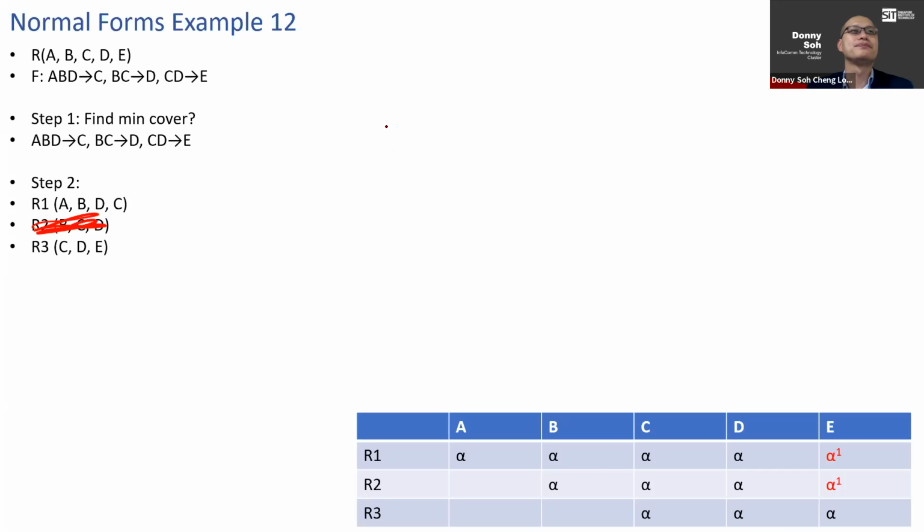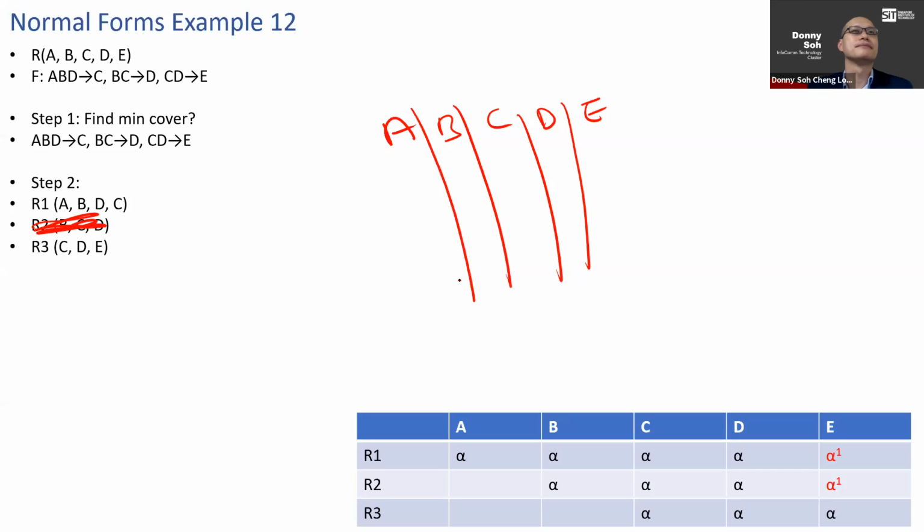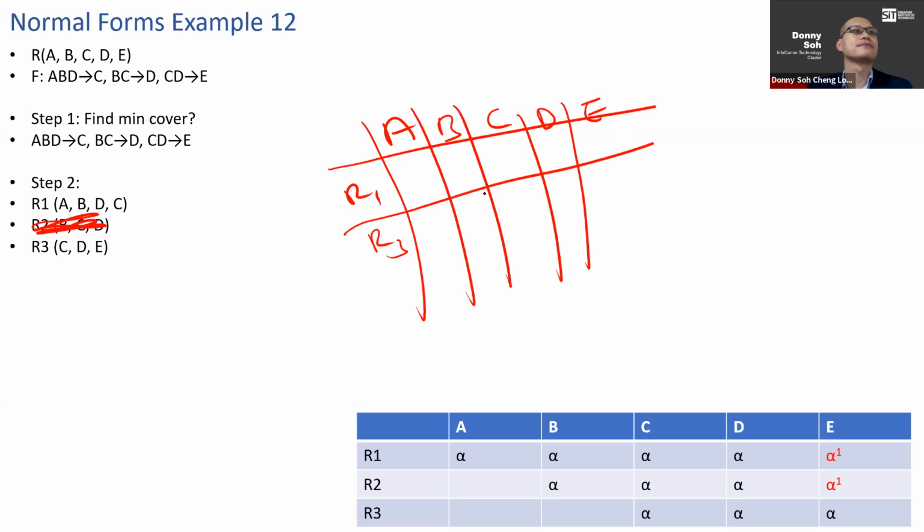Let's check. A, B, C, D, E. R1, R3. So maybe I can have a step 3.